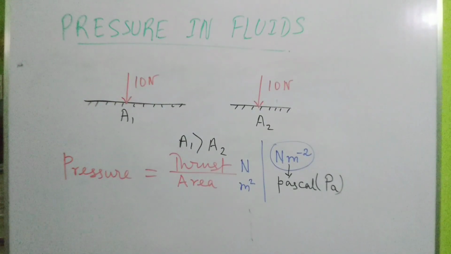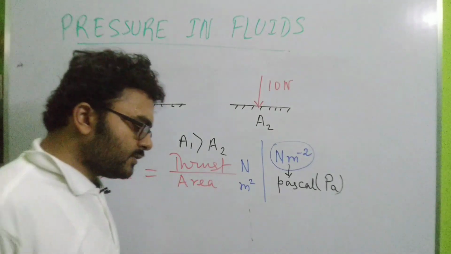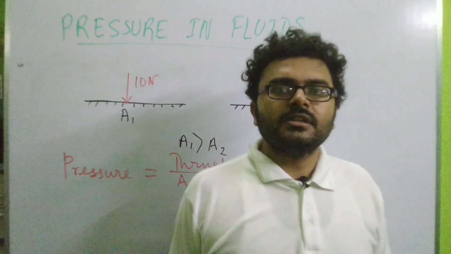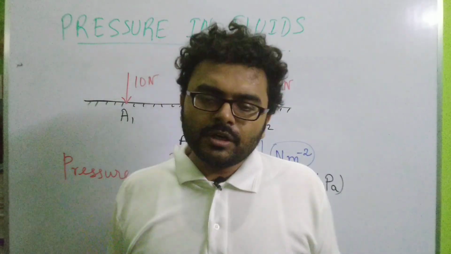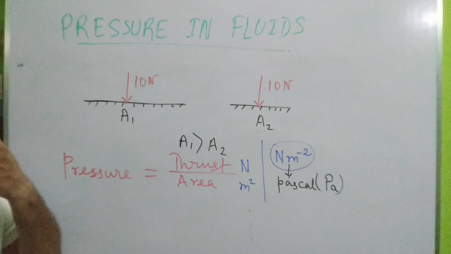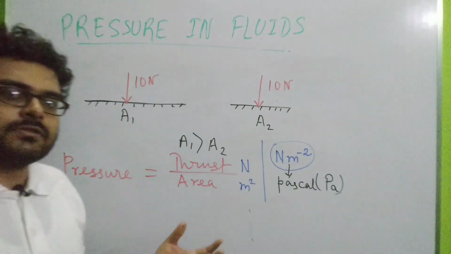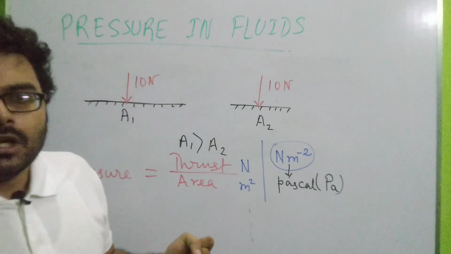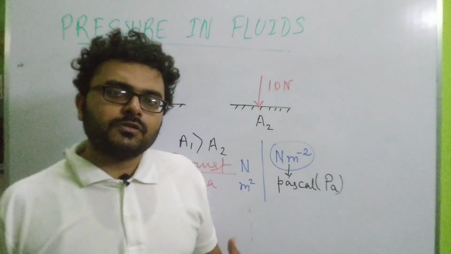You can also consider that if the force or the thrust is taken in a unit of say dyne and the area in centimeter square, that can be another unit of pressure, dyne per centimeter square. Or if the thrust is in kgf, then kgf per meter square, or gf per centimeter square, can also be units of pressure.